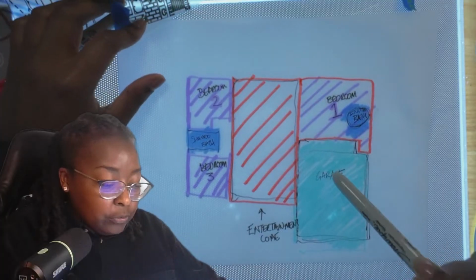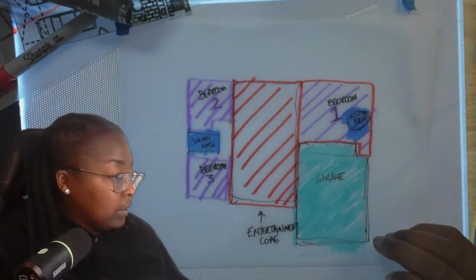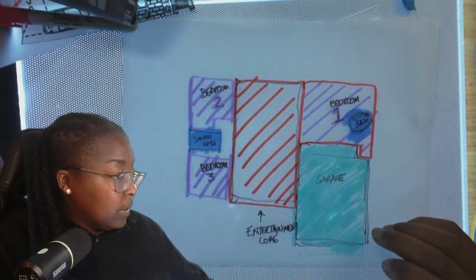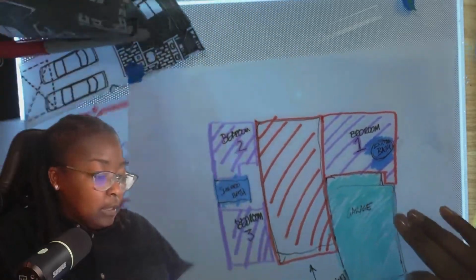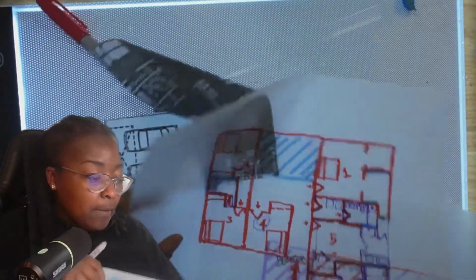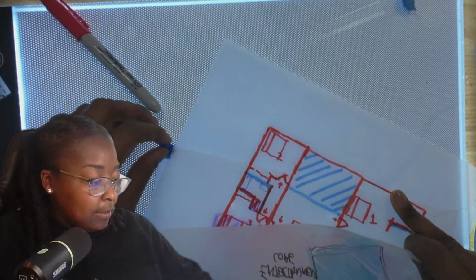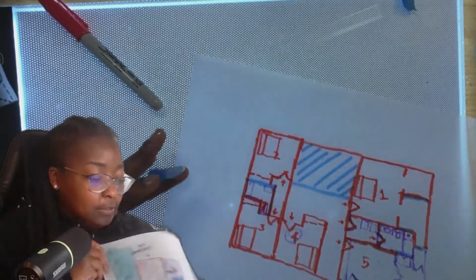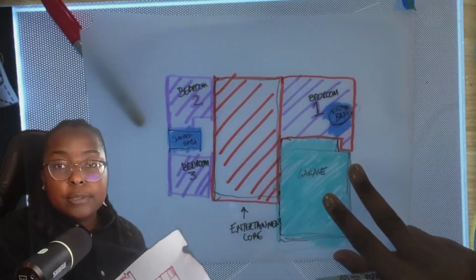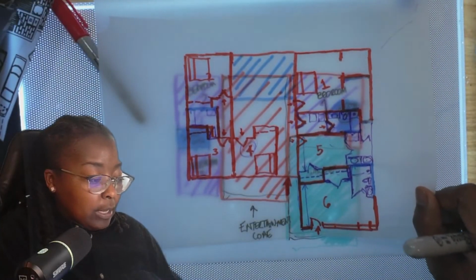We converted this garage into 2 bedrooms, and then we changed the core. Is it this one? I think I can overlay it. So this is our new layout. Sorry, y'all. Alright. So this is our original layout, and then this is our new layout.